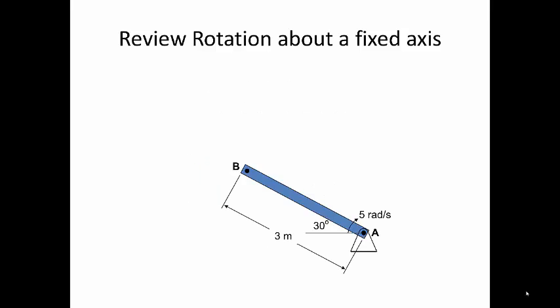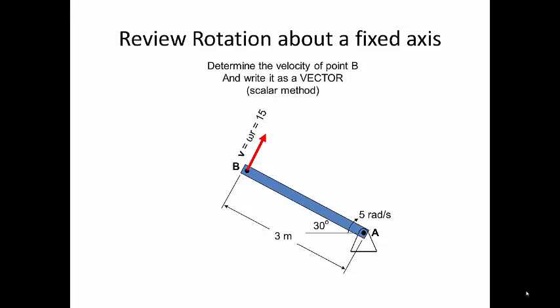What if we're at an angle? Let's determine the velocity of point B and write it as a vector using the scalar method, or the same method we did in the previous example. In this case, our velocity again is equal to our angular velocity times the radius, which is 5 times 3, which equals 15. We need to break it into components to write this as a vector.